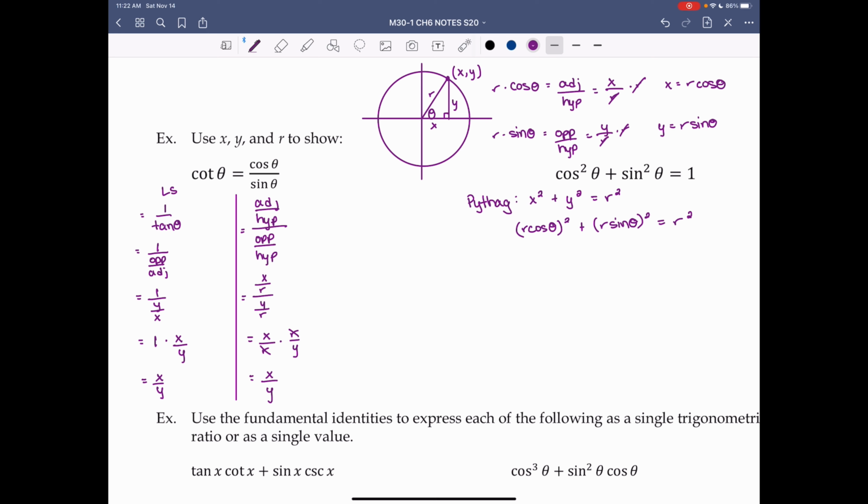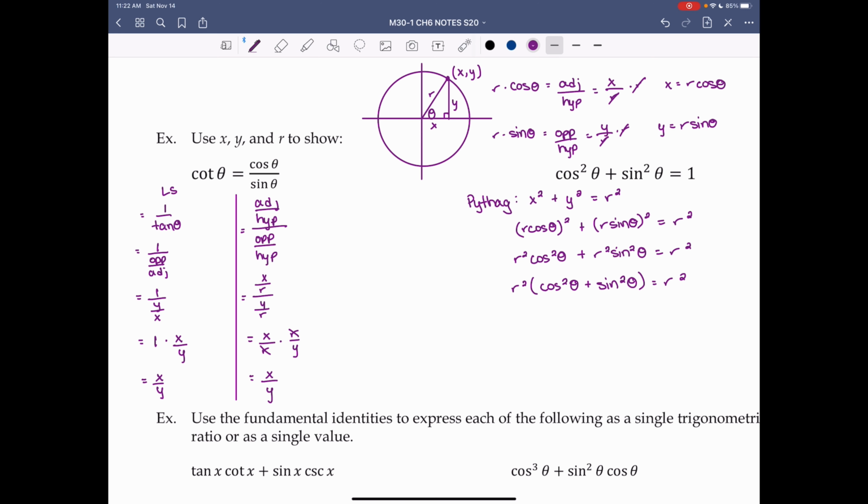Then we simplify, so the first bracket becomes r squared cos squared theta. Second bracket, so plus r squared sine squared theta equals r squared. And then we can factor out r squared from the left side. R squared times (cos squared theta plus sine squared theta) equals r squared.